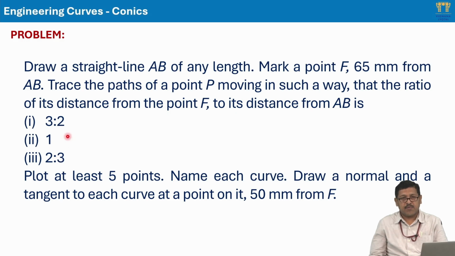So three cases are given. 3/2 means it is more than 1, so the first case is hyperbola. The second one is 1, so it is a parabola. And the third one is 2/3, which is less than 1, so it is an ellipse. We have been asked to plot at least 5 points, name each of the curves, and then draw a normal and a tangent to each curve at a point on it 50 mm from F.